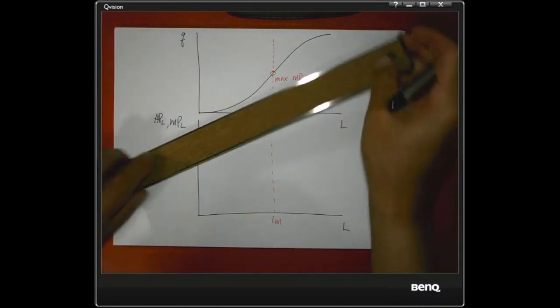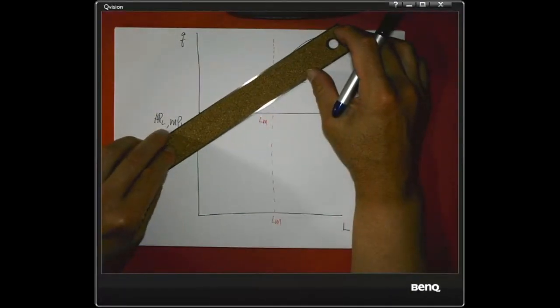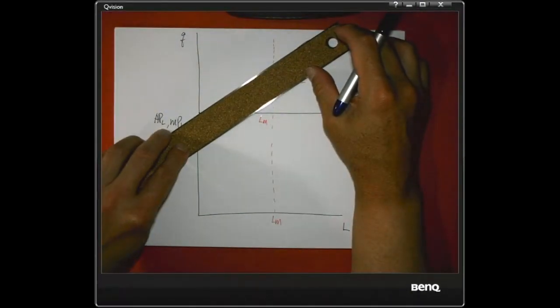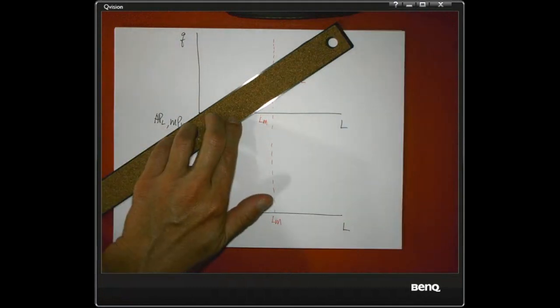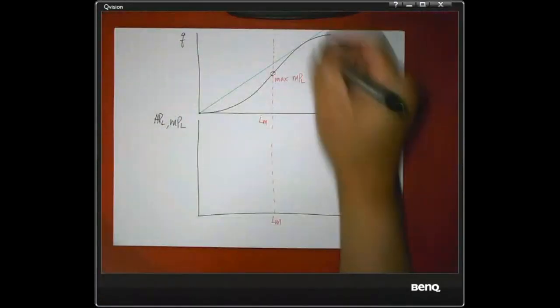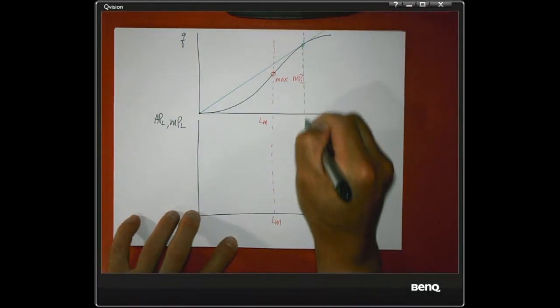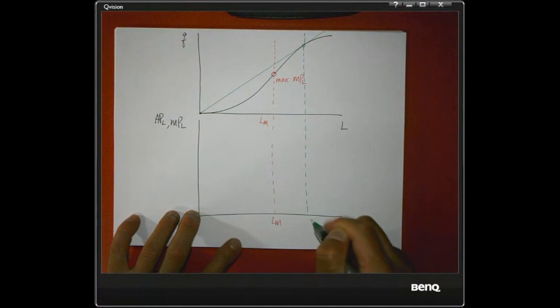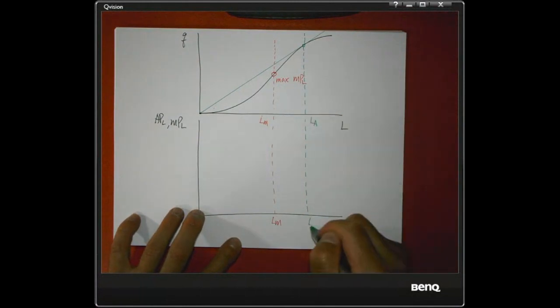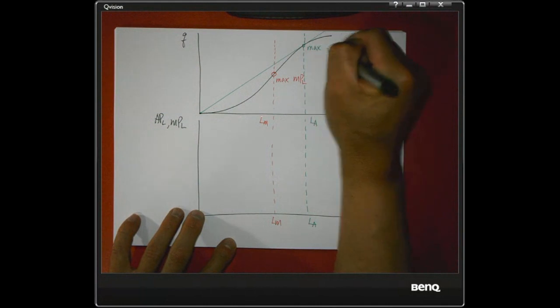And then somewhere in here, we get the maximum labor.